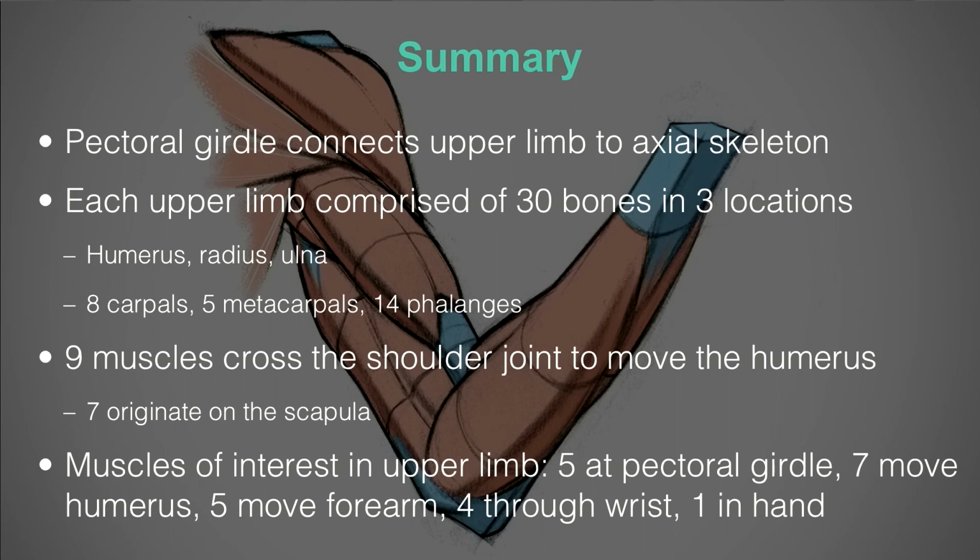It's not that these are all of the muscles, but these are the ones that we are concerned with and interested in. 5 at the girdle, 7 that move the humerus, 5 that move the forearm, including the supinators and pronators today. We just talked about 4 that move through the wrist and either flex or extend the digits and the wrist. And 1 in the hand, the Adductor Pollicis that we just talked about.